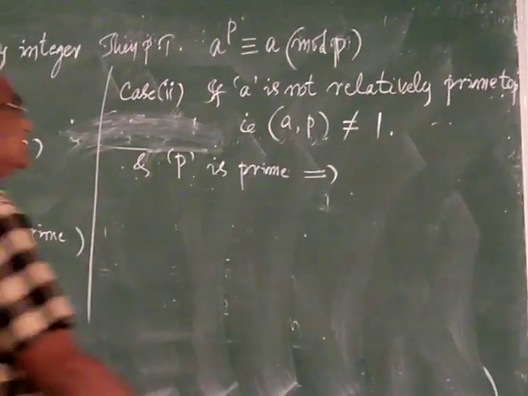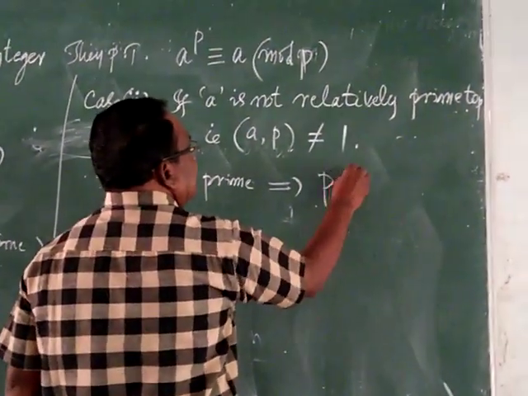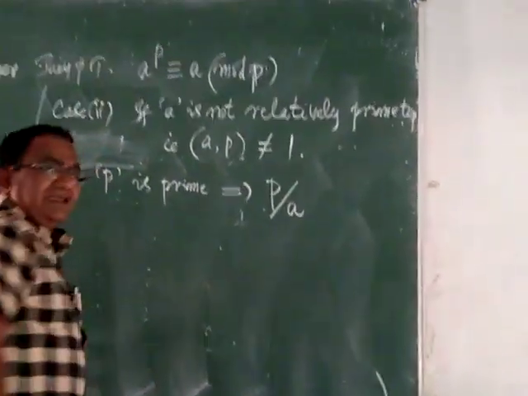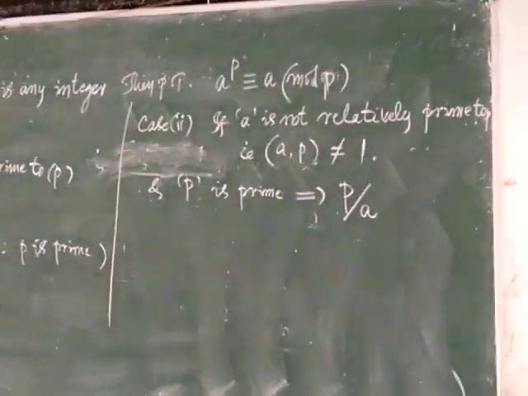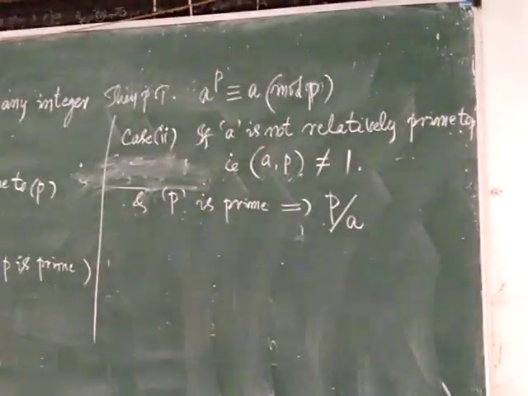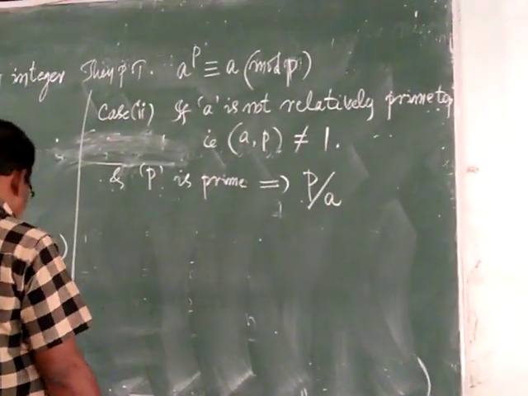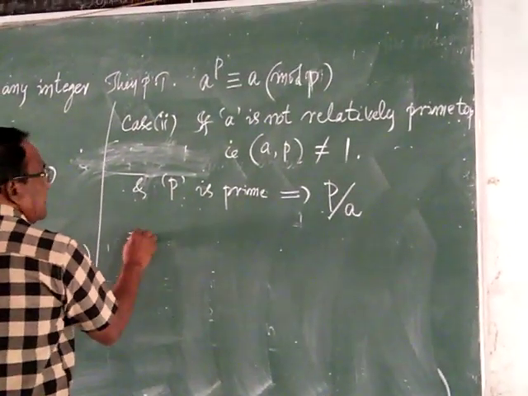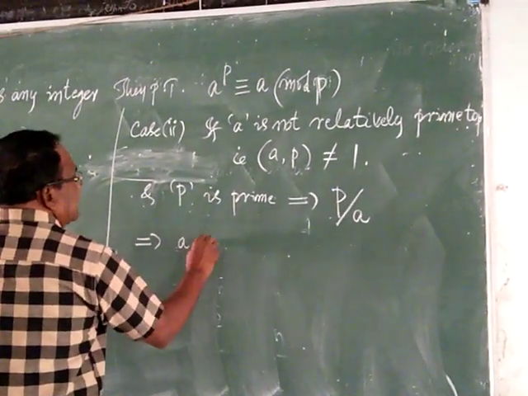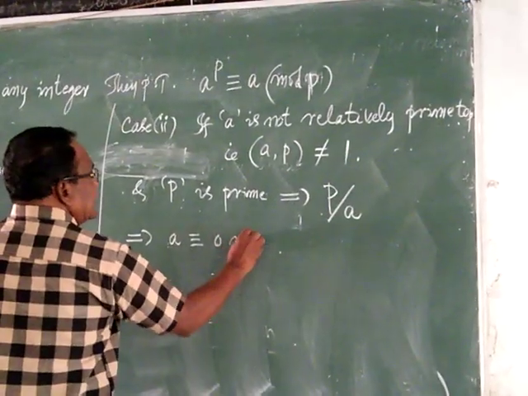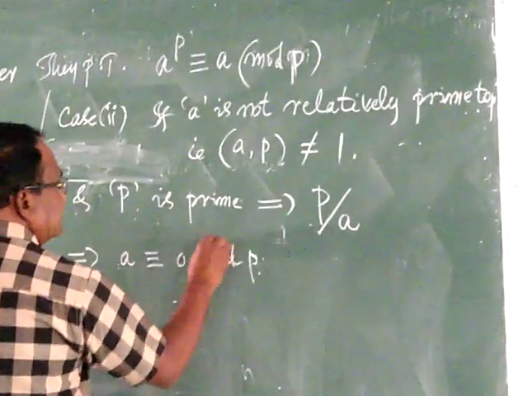This implies what? Yes, anybody? P divides A. P divides A may be written as A is congruent to 0 mod P here.